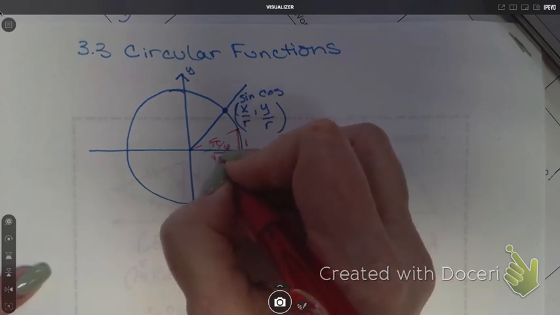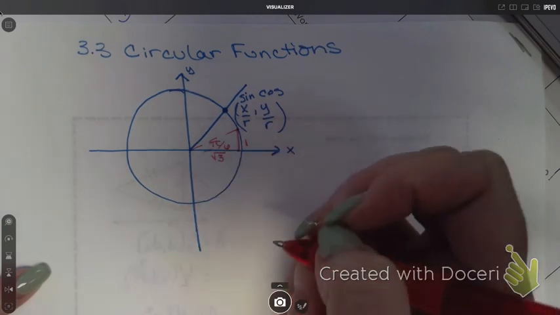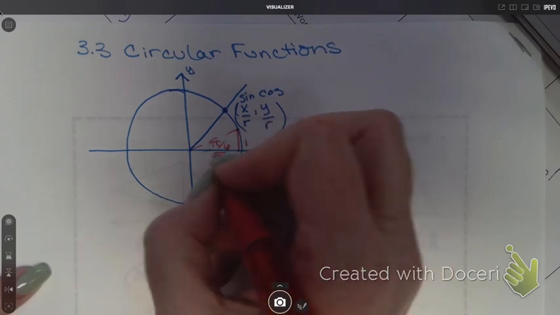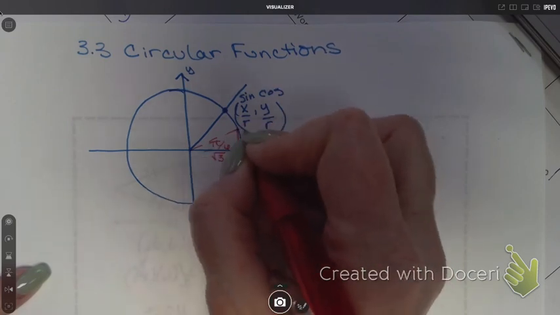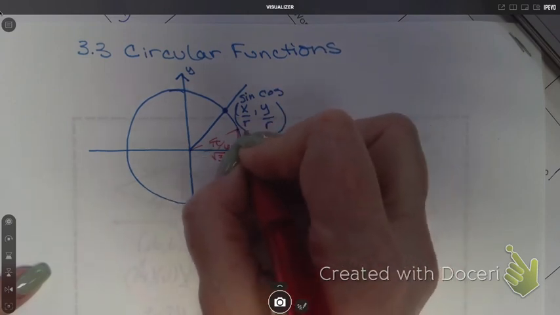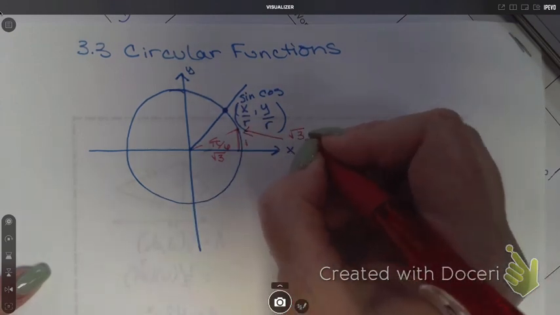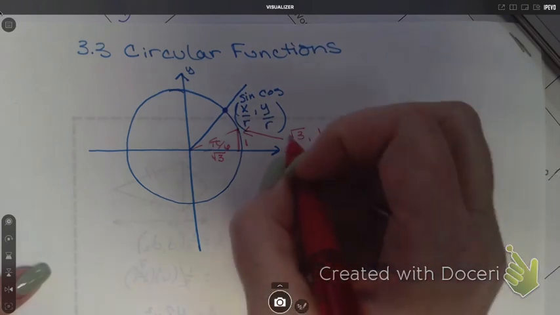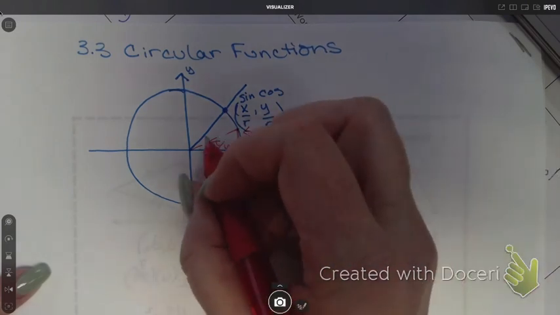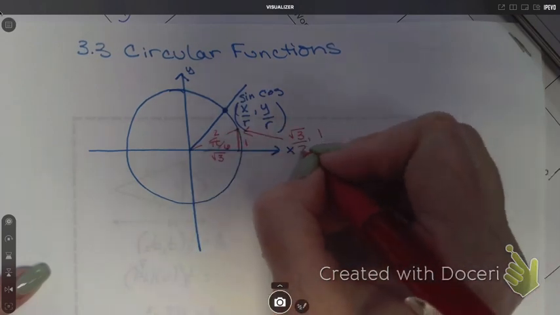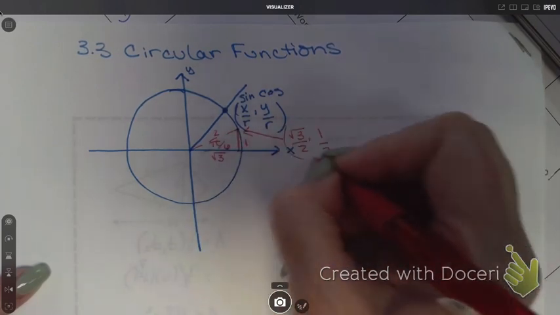Adjacent is square root of 3. Correct? And so this point is x, y, so that point is square root of 3, comma 1. But if I want sine and cosine, I put it over the hypotenuse, which is 2.